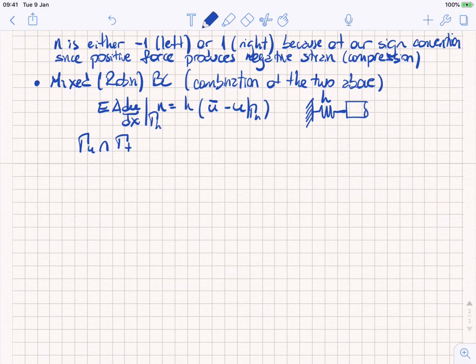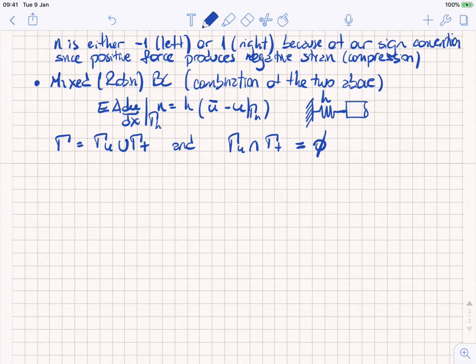Then normally what you find in papers is that this intersection is equal to the empty set, right? So their intersection is empty. And normally that condition gets supplemented by saying the boundary is the union of these two, and they are disjoint.